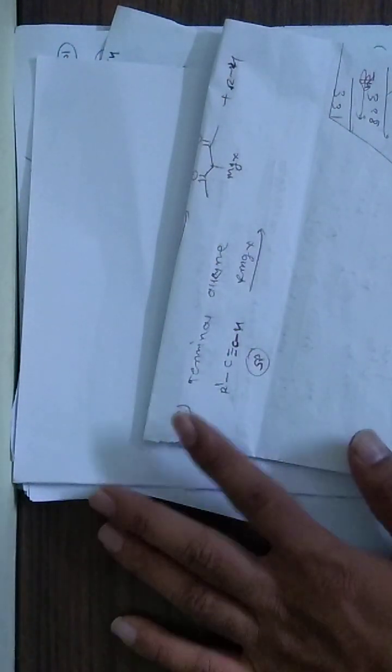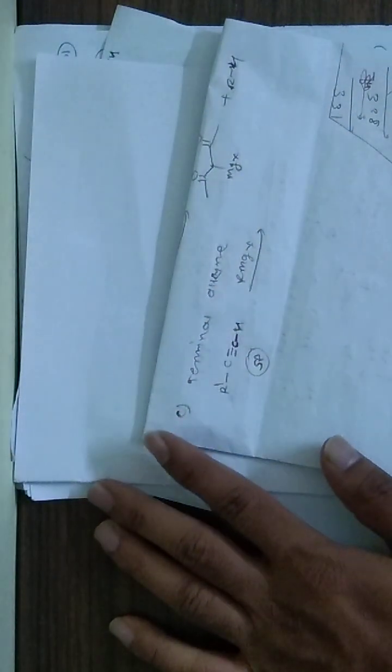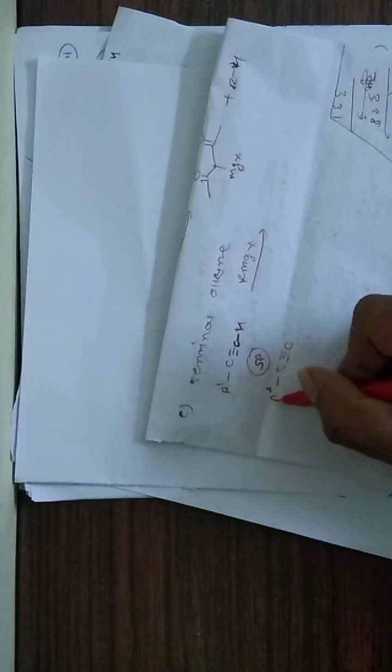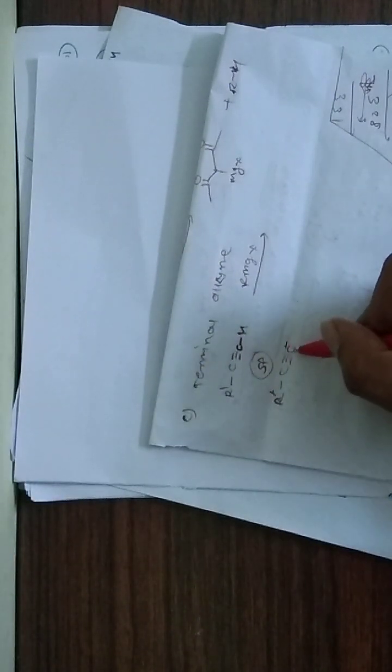I hope you know why this is. If the s character is high, then it is very electronegative, and negative charges are stabilized by electronegative atoms, similarly like oxygen, nitrogen also. So here, let's suppose R dash, this negative charge is on that electronegative carbon, therefore it is stabilized.